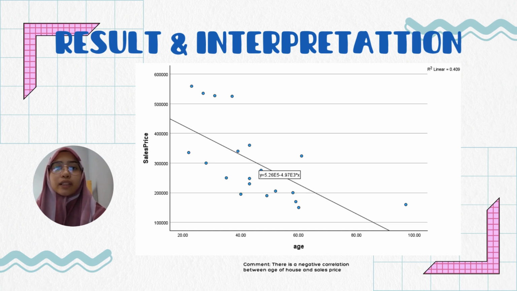This shows that the variables have a moderate negative relationship. On the other hand, for the coefficient of determination R square, the value that we obtain is 0.409. This value determines the ratio of the total variation. This answers the second objective.